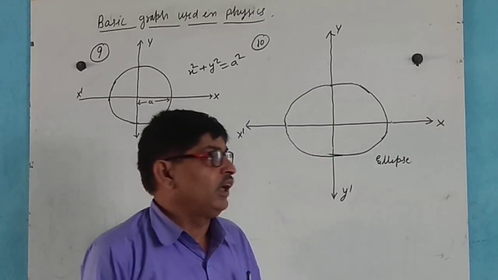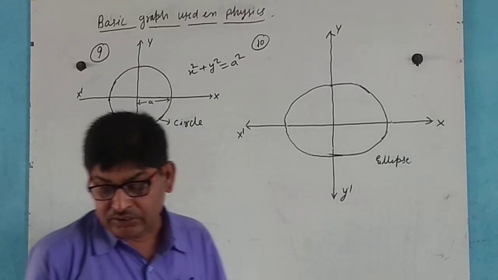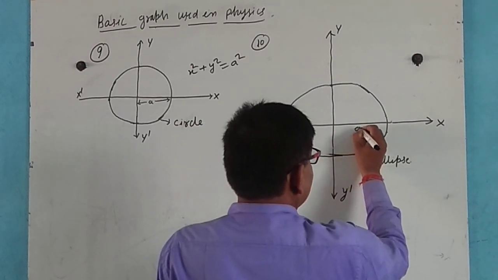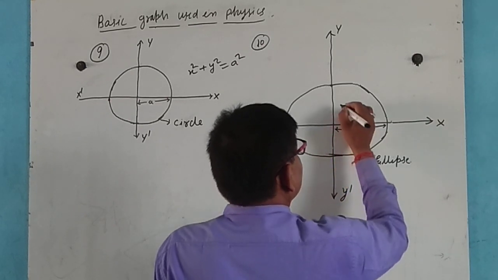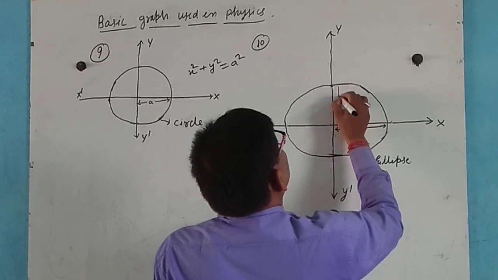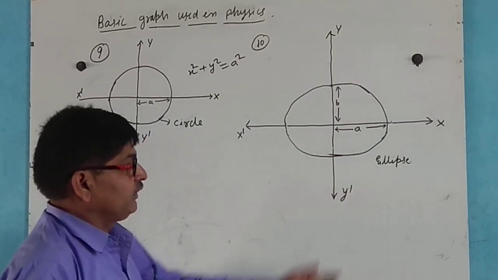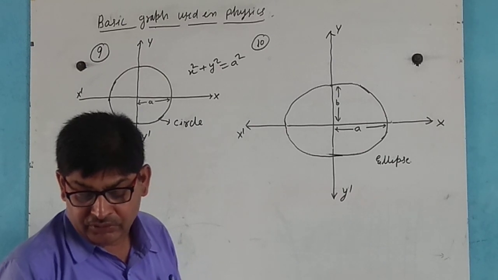यानी अंडा के आकृति जैसा यह है, just like that shape. Here this distance is a and this distance is b. This is a, this is b.